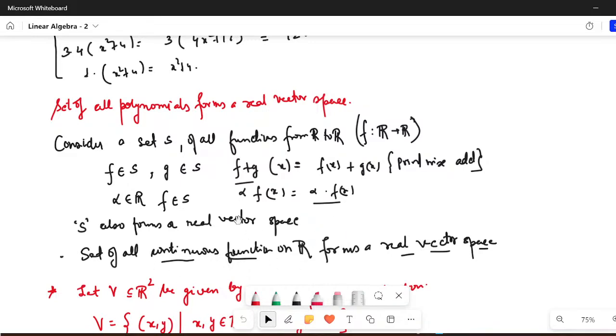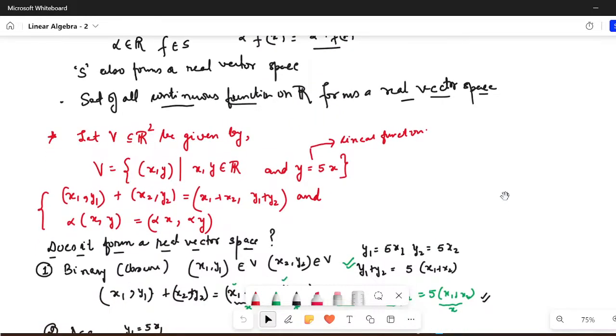Further, the set of all continuous functions also forms a real vector space, because you can take the zero function as a constant function, and being continuous, you have an identity there. If f(x) is continuous, then minus f(x) is continuous, and you can define the scalar multiplication, and you can verify on your own that the set of all continuous functions on R forms a real vector space.